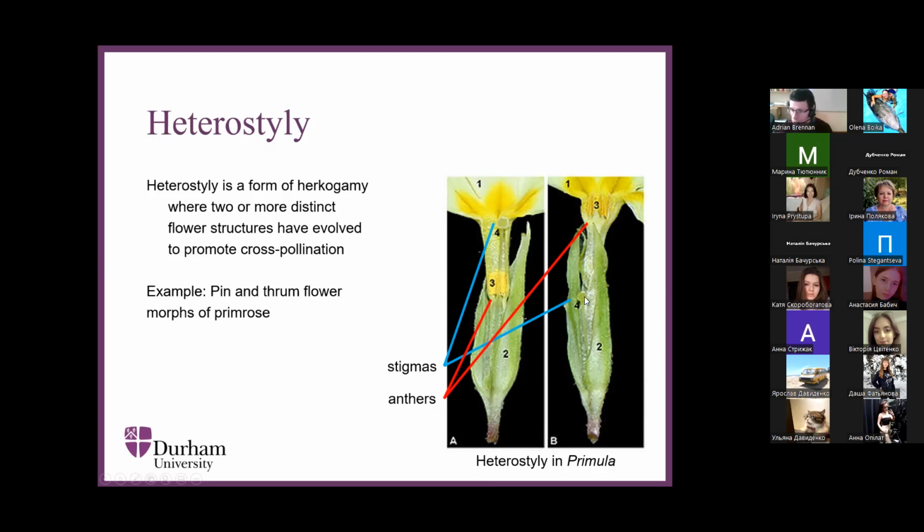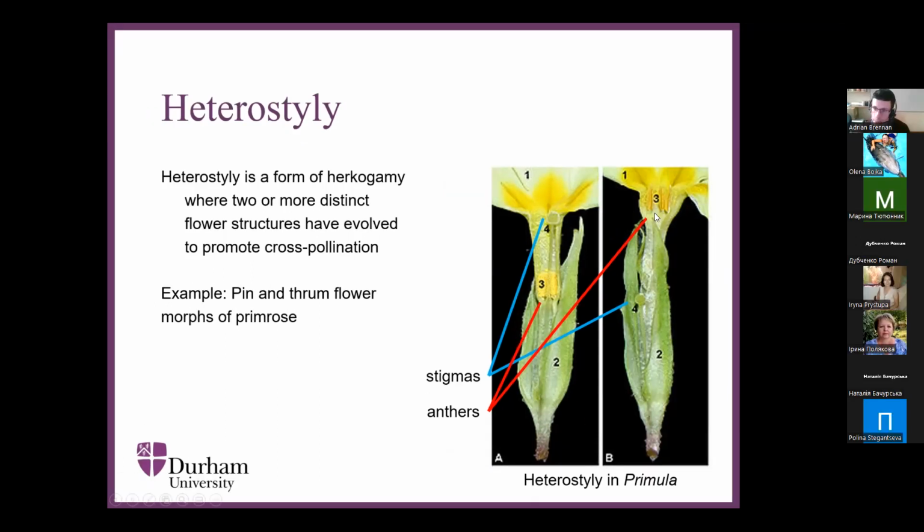They'll have short female organs and long male organs. This makes cross-pollination more efficient between the two floral types, because an insect entering this floral tube will tend to pick up pollen towards its head in the short male form and towards its tail in the long male form. And that pollen is at the right height to cross-pollinate the opposite female form.